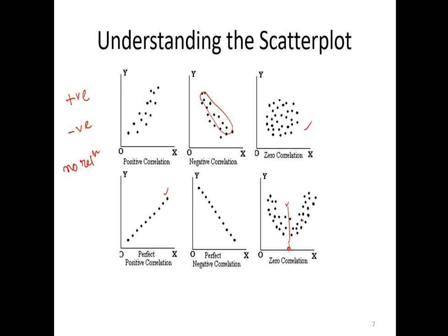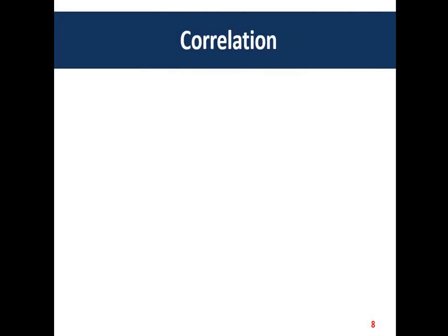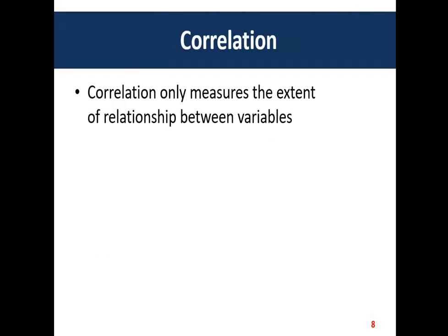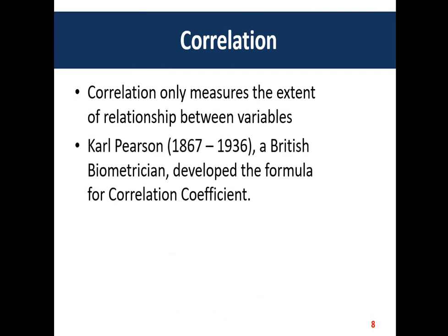But then we want to quantify the relationship. We want to find out how strong the relationship is, whatever it is, either positive or negative. So for this we come up with a term called the correlation coefficient, and this correlation actually measures the extent of relationship between variables.